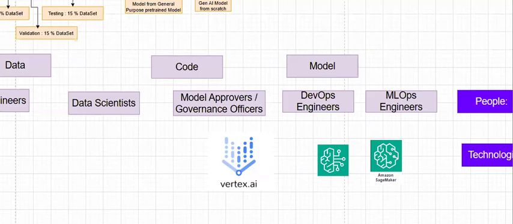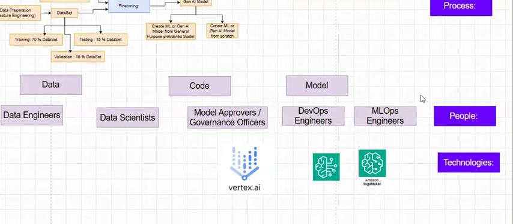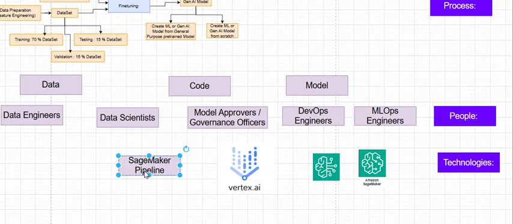Not only for building, but also for CI/CD, automation, MLOps engineering or DevOps, AWS provides services like SageMaker Pipelines, and we also have AWS Step Functions state machines that we can create.